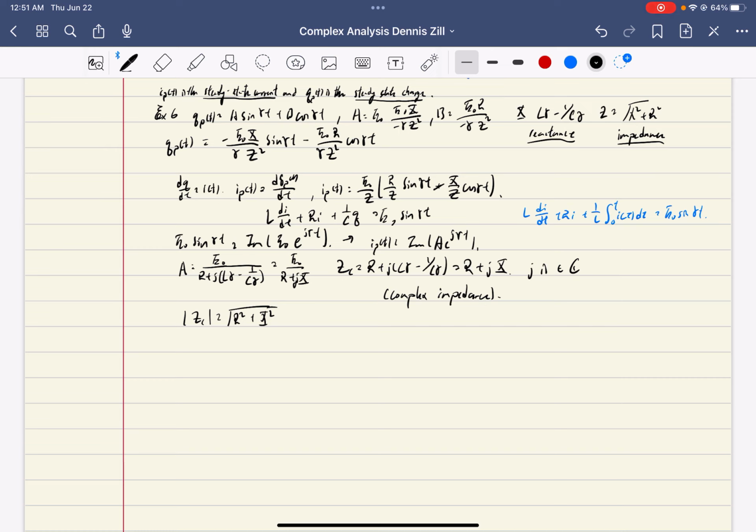We see that the impedance Z and the complex impedance Z_C relate. That is, Z is equal to the modulus of Z_C, right? So basically you took the complex impedance by means of modulus. You can relate them together, right? So they're really the same thing, but complex impedance is just that you take it into the complex plane, right?